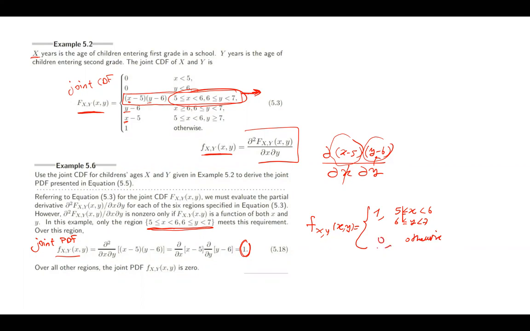That's quite easy. So if we plot this, here is x, here is y. For x, 5 to 6, and for y, 6 to 7, so we are talking about here. Here it is 1, all others are going to be 0.